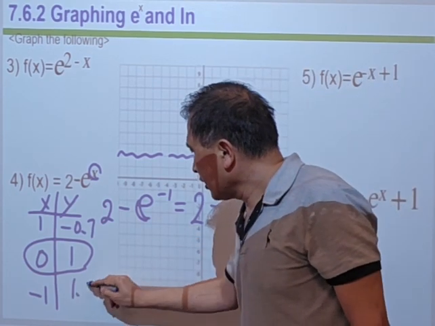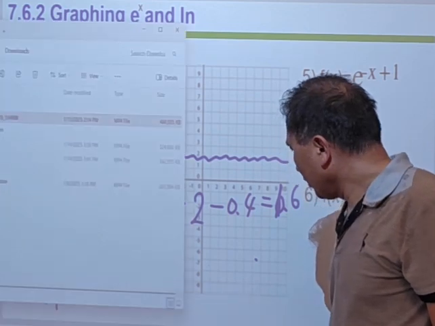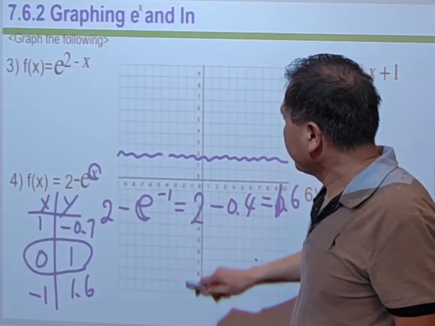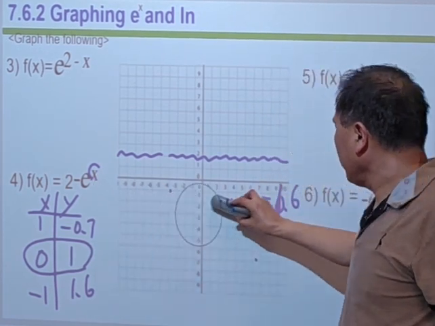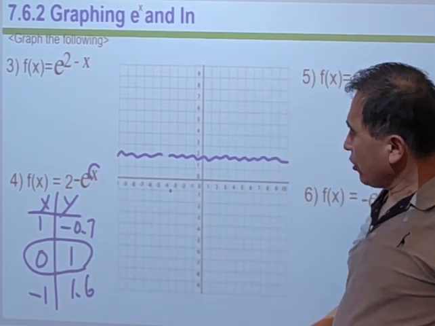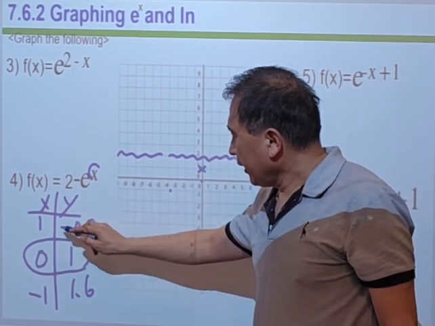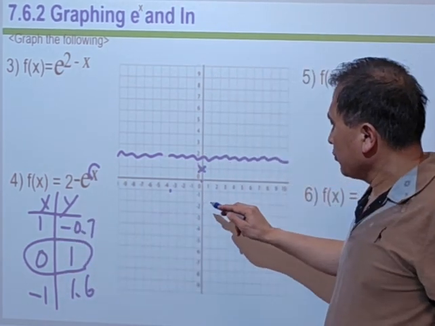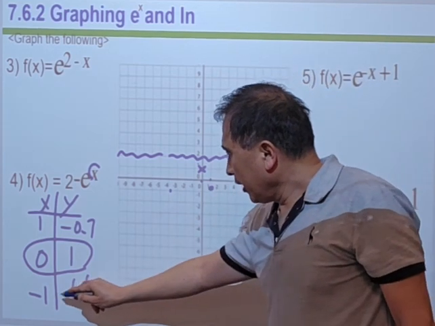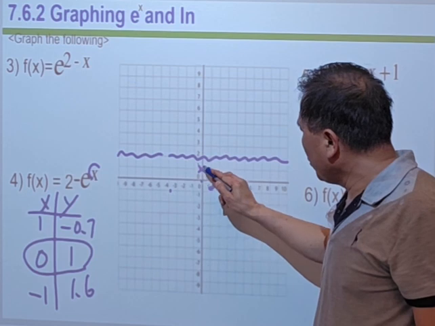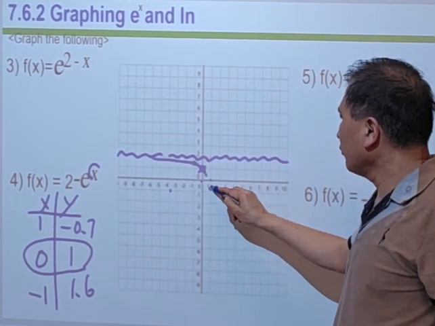So this is 1.6. With that, we can plot the points. Now we have 3 points: 0, 1 right here, and 1, negative 0.7 right there, and negative 1, 1.6 right there. With those 3 points, we can plot the graph like this.